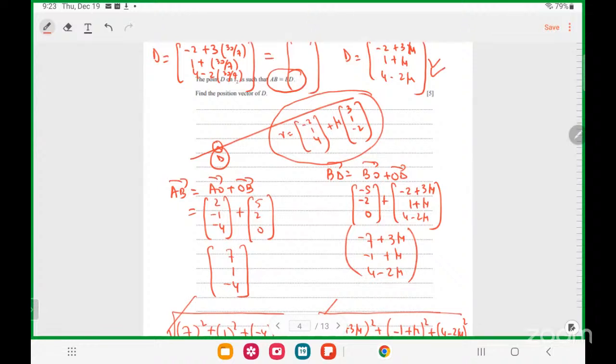Please do the calculations. Minus 2 plus 90 upon 7, 76 upon 7, 1 plus 30 upon 7, 37 upon 7, and 4 minus 60 upon 7, minus 32 upon 7. Am I clear? Is this clear, everyone?